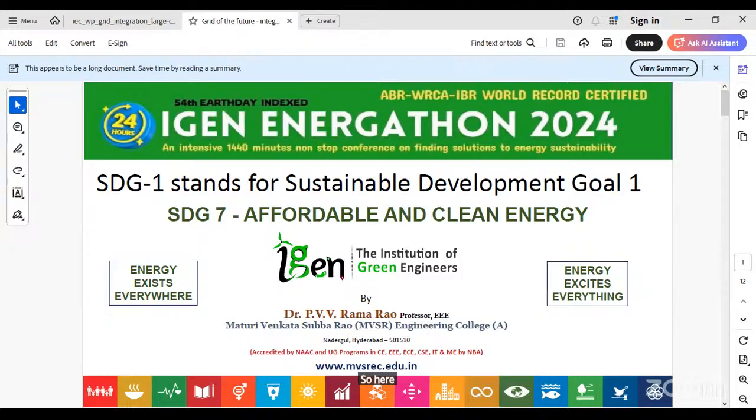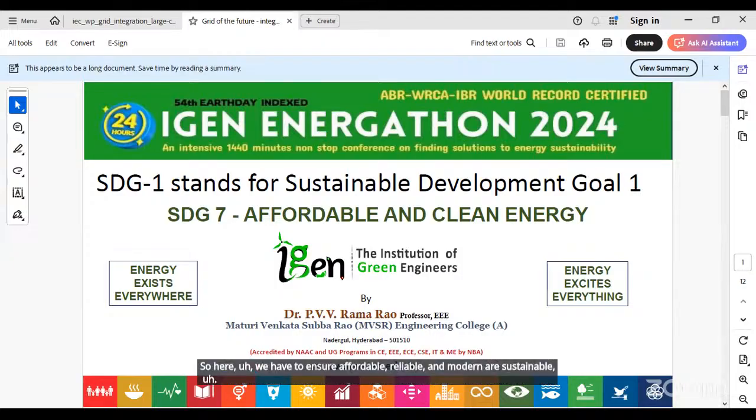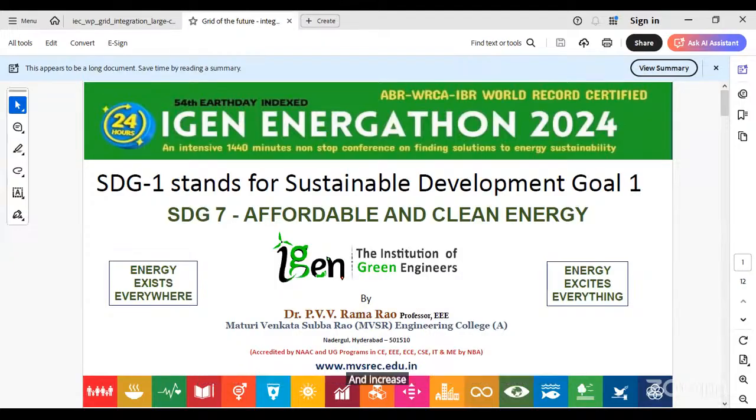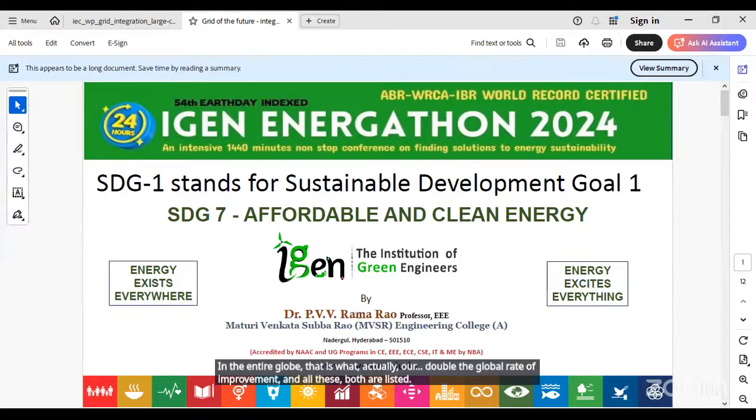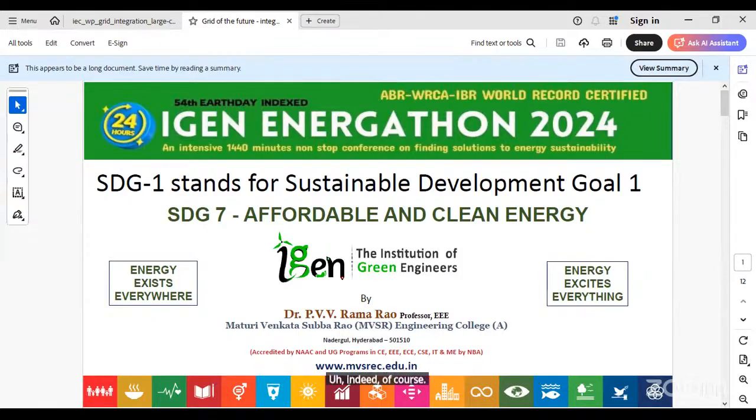Here we have to ensure affordable, reliable, and modern sustainable energy services, and increase substantially the share of renewable energy across the entire globe, and double the global rate of improvement in energy efficiency. All these goals are listed there, needless to say.